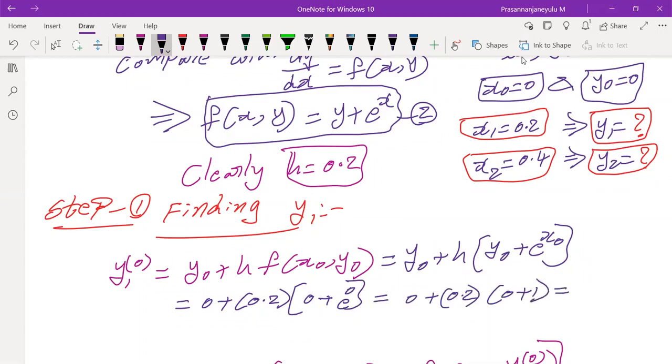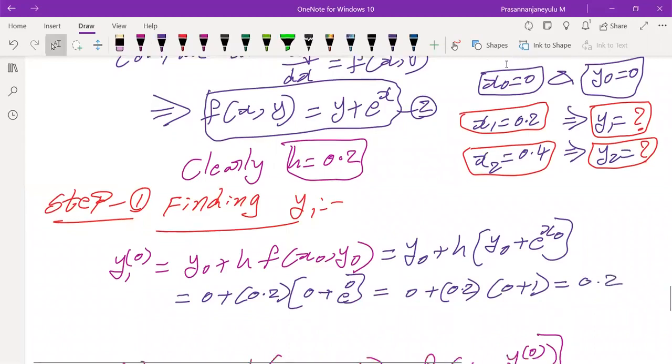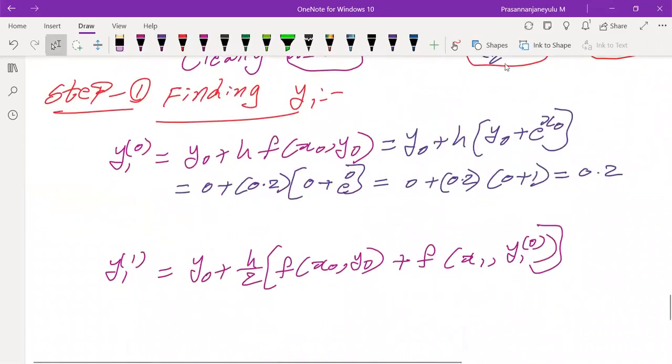So what we finally get: the first term is 0, so 0.2 into 0 plus 1, and our answer will be 0.2. This is the value of the zeroth approximation of y1. So the zeroth approximation of y1 we got is 0.2.